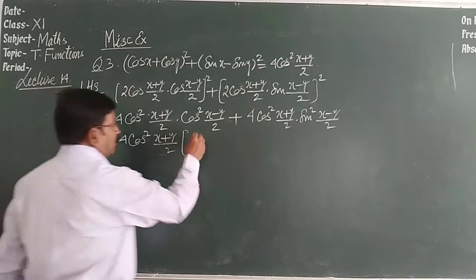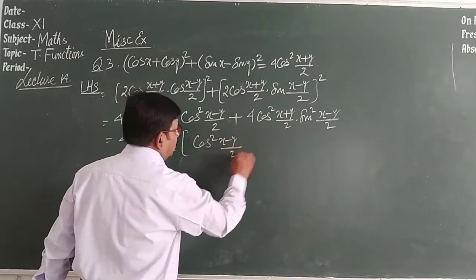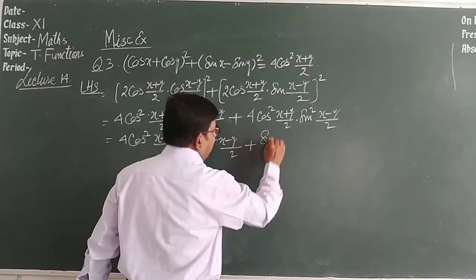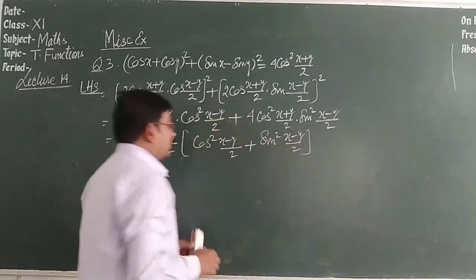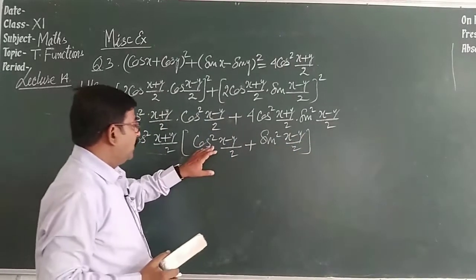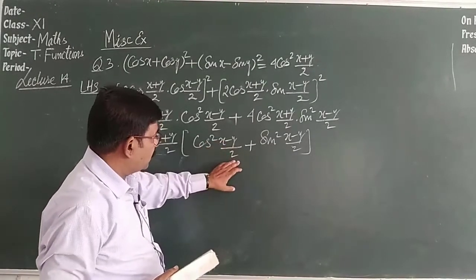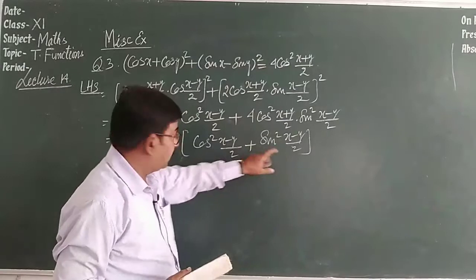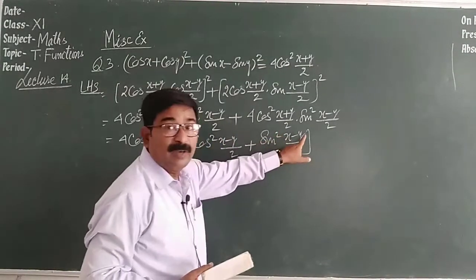So we have 4 cos square (x plus y)/2 common. What is left? We have cos square (x minus y)/2 plus sin square (x minus y)/2. This is the form cos square theta plus sin square theta, in place of theta we have (x minus y)/2.